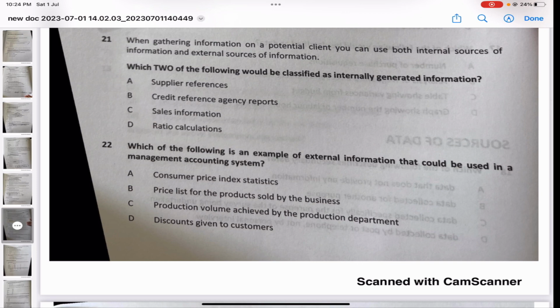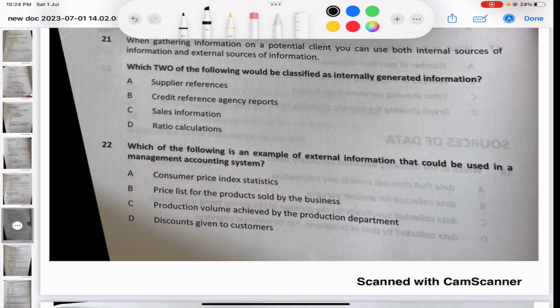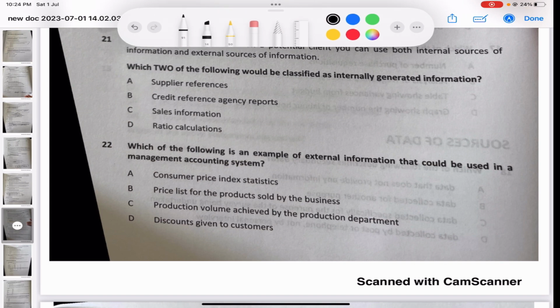When gathering information on a potential client, you can use both internal sources of information and external sources of information. Which two of the following would be classified as internally generated information? Suppliers references. Okay, so a supplier is first of all an external person, right? So keep that in mind. Credit reference agency report, we will come to that.